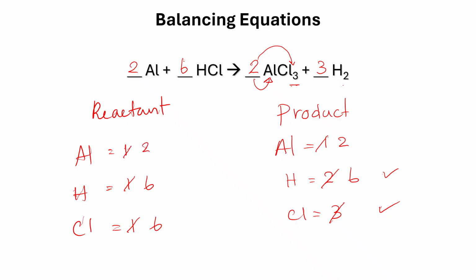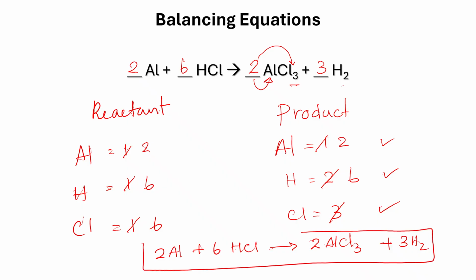Now aluminum is also balanced. So when you balance this chemical equation, you have 2 aluminums reacting with 6 hydrochloric acid to make 2 aluminum chloride and 3 hydrogen. This is the balanced chemical equation.